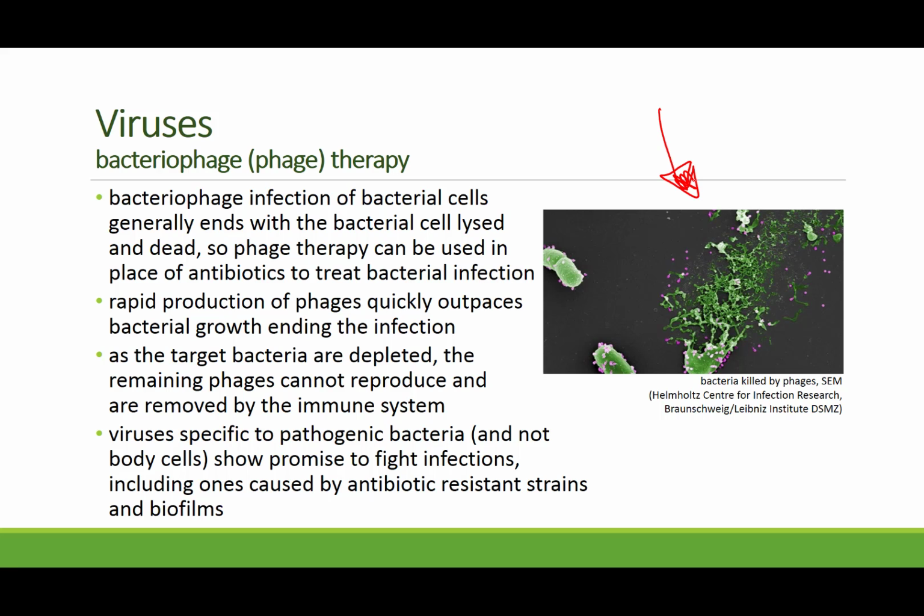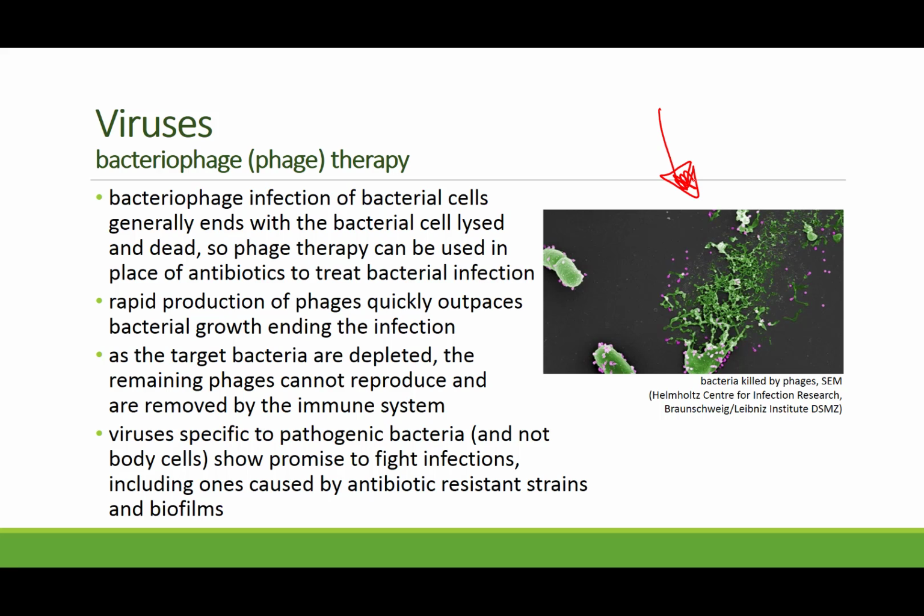And so we can use phage therapy because of this rapid production of phages. It can take between 20 and 40 minutes to go through this cycle of invasion of the cell by the bacteriophage followed by lysis.